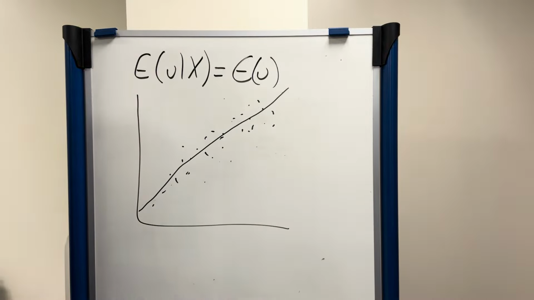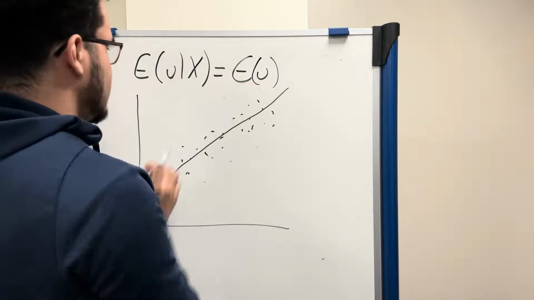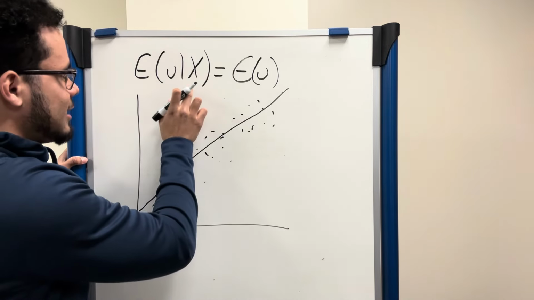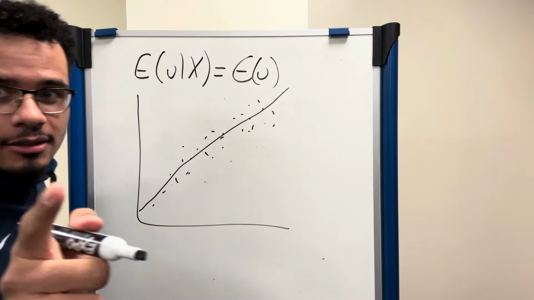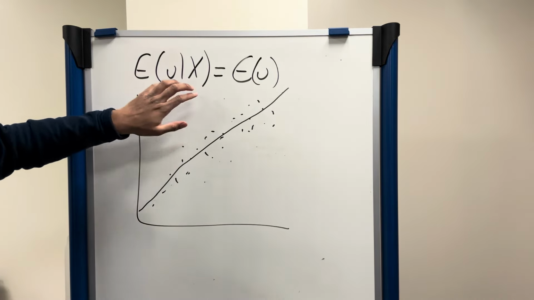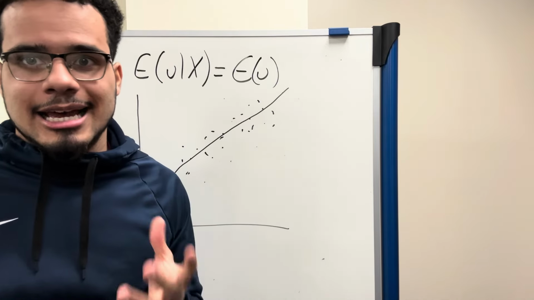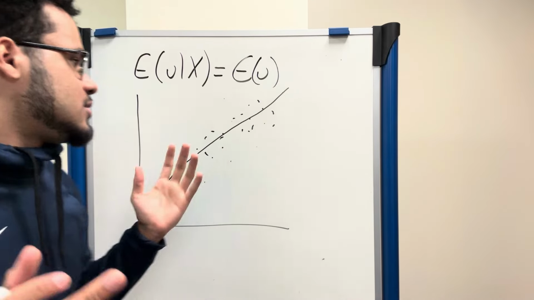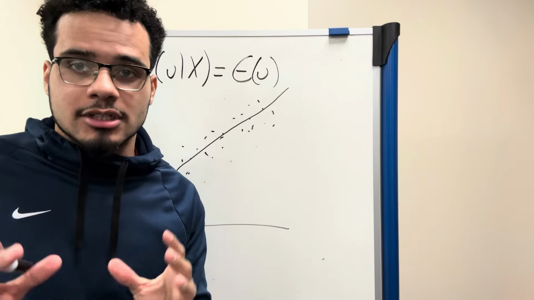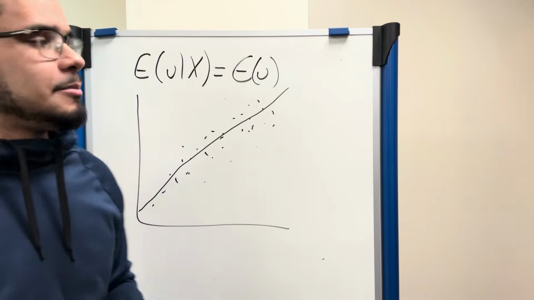The expected value of luck is independent of x, mean independent of x specifically. This fundamental assumption is important because it establishes the ceteris paribus relationship, the causal relationship that we would like to see.